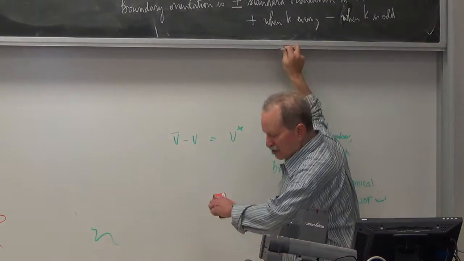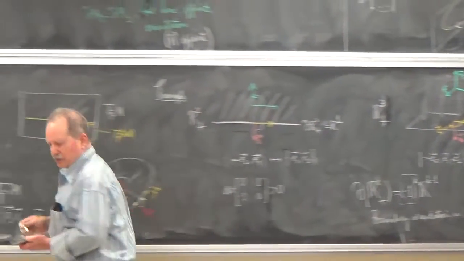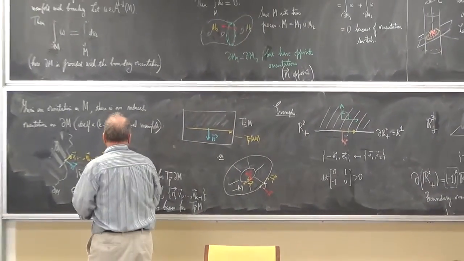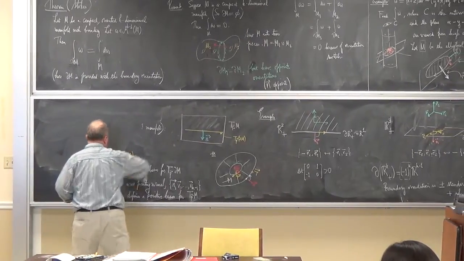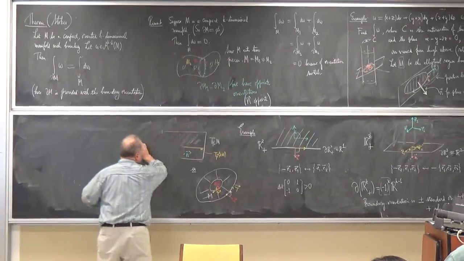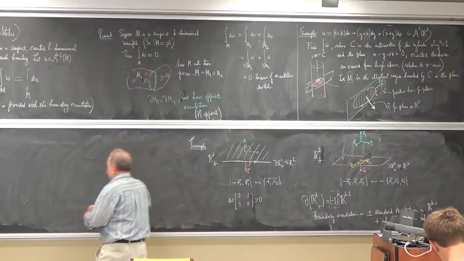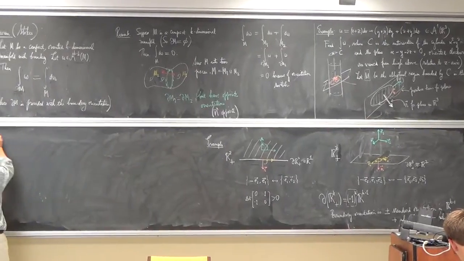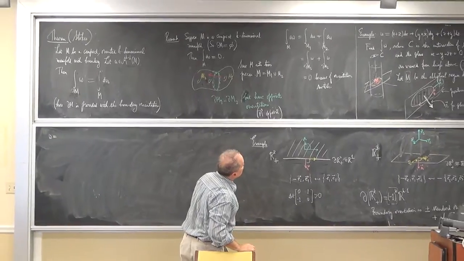All right, so let's finish the problem. I'm supposed to do Stokes' theorem. So I have an omega. I have an oriented surface with boundary. So I'm supposed to integrate omega over the boundary. Did I write down omega there? Yes, I did.